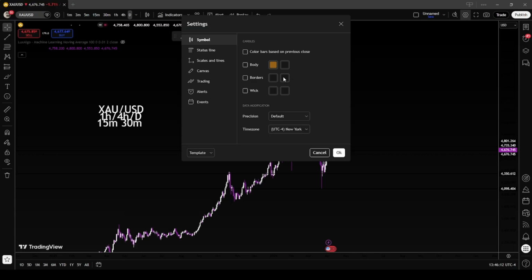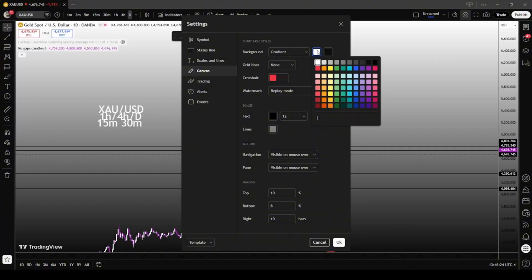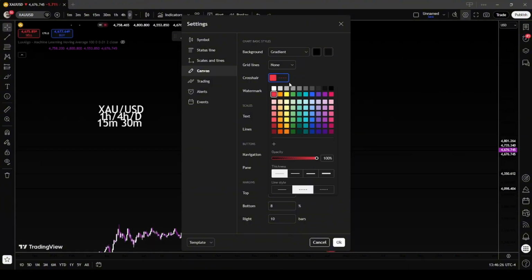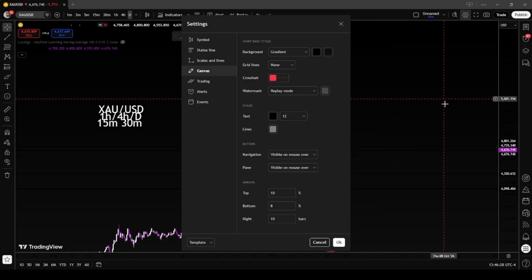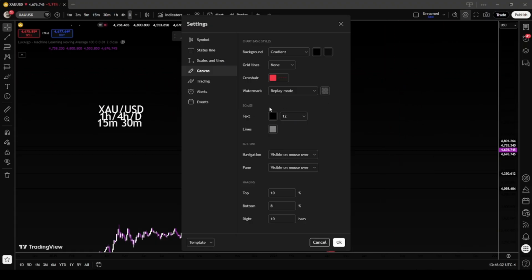I'm using something else that I will show in a different video, but here's where you can change your bodies, your borders, and your wicks. And then in the canvas, you can change if you want a gradient in the background, change the background colors, or change your crosshair color, where I like mine being red. My favorite color is red. And then you can change all your text and all that in your settings.